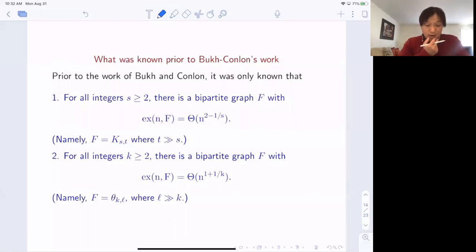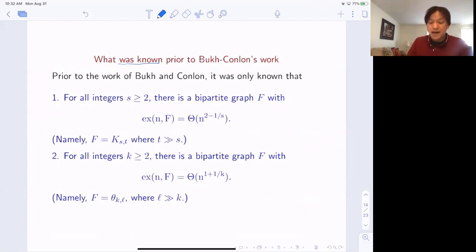Okay, so what was known prior to the Bukh-Conlon work? When I say what was known, I'm not talking about what's known relative to the Bukh-Conlon conjecture, but what's known about exponents. So prior to their work, very limited exponents are known.